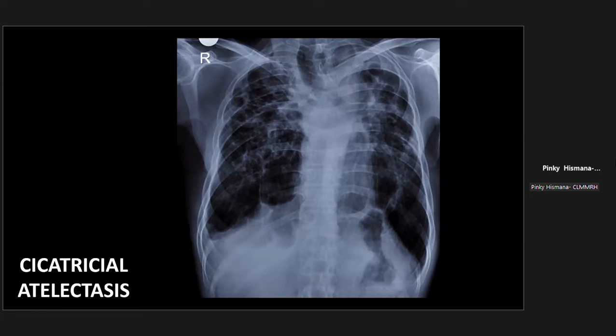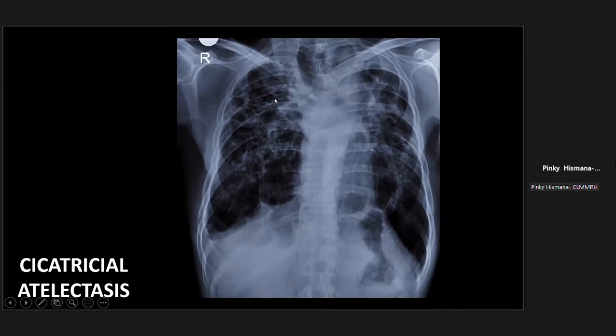And this is actually a result of pulling because of the collapsed lung in this area. So if you also notice, the right main bronchus and the left main bronchus are of equal level. And this already is indicative that there's a possibility of a cicatricial atelectasis, which is usually associated with pulmonary tuberculosis.